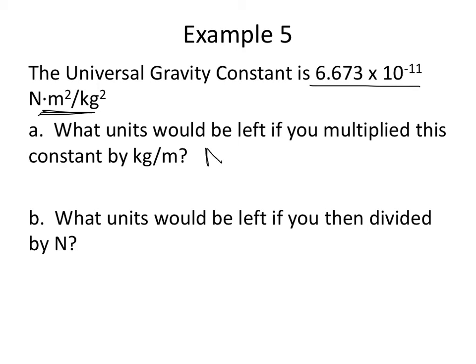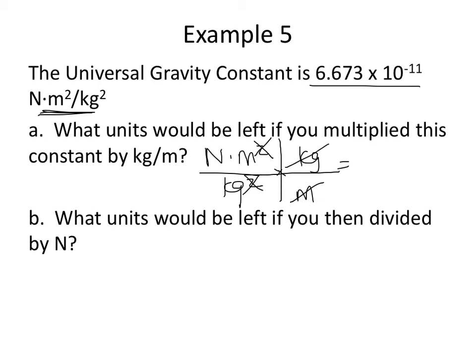What would I get if I took this, and again, I'm going to write that horizontal line rather than the slash. I'm going to multiply it by kilograms over meters. Well, what would happen is this meter squared would cancel. I'd get 1 meter on top. This kilogram, and I would get Newton meters over kilogram.